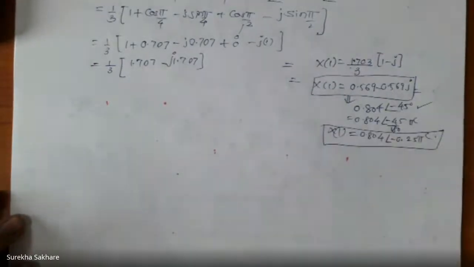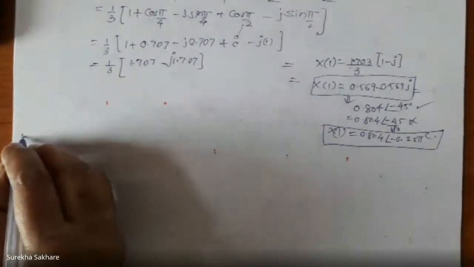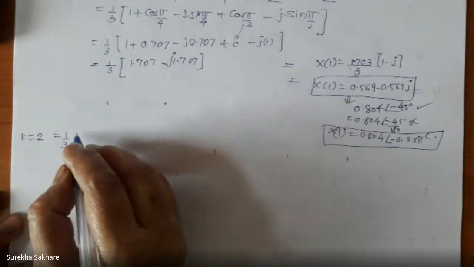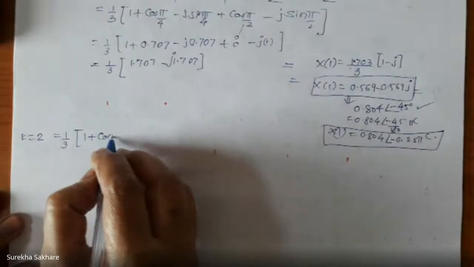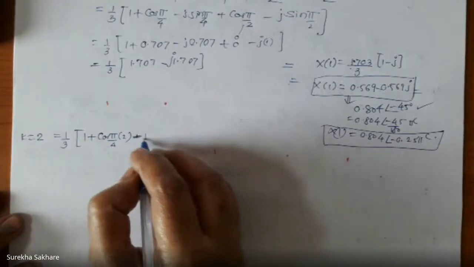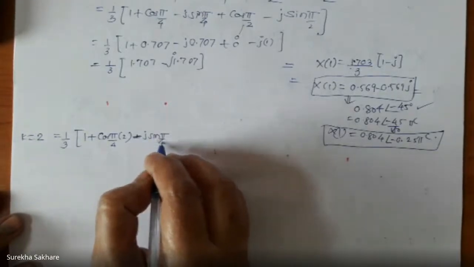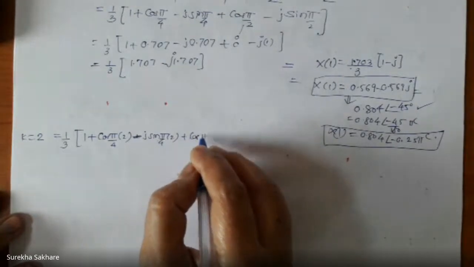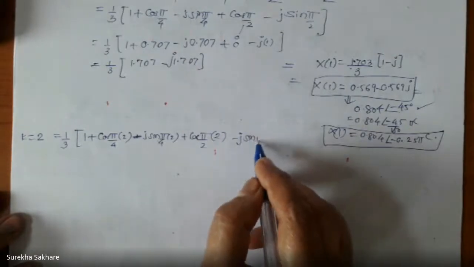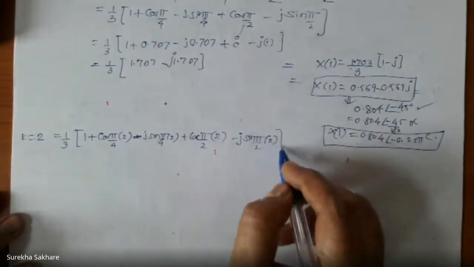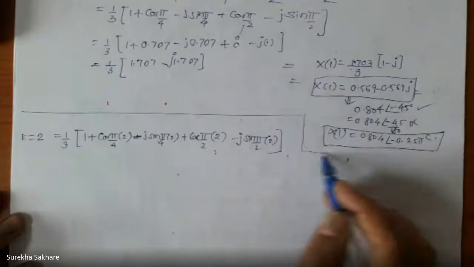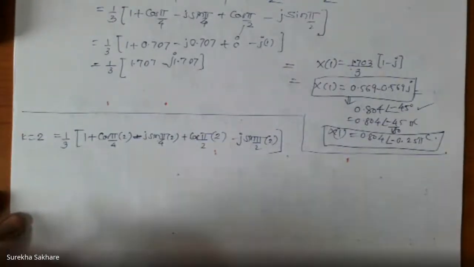Similarly, now for k is equal to 2, we'll have 1 by 3, 1 plus cos pi by 4 into 2 minus j sine pi by 4 into 2 plus cos pi by 2 into 2 minus j sine pi by 2 into 2. By practice you will be able to do it fast.